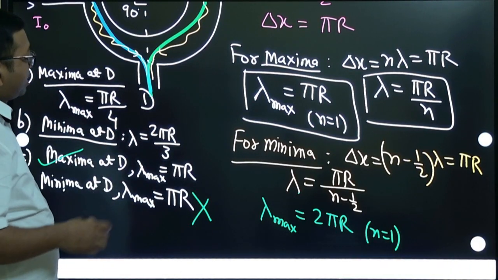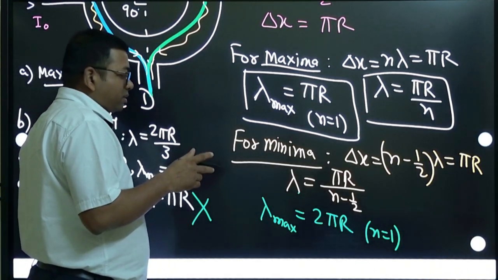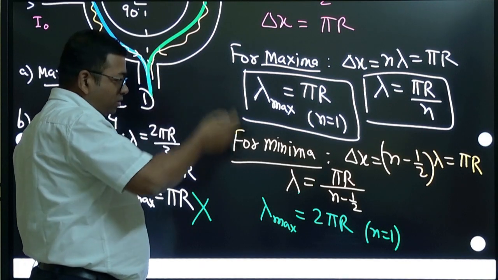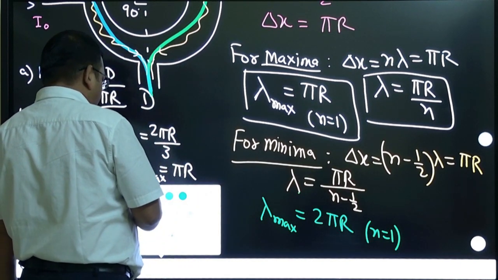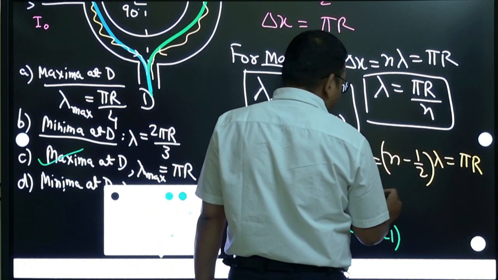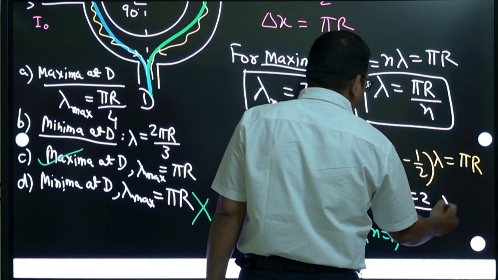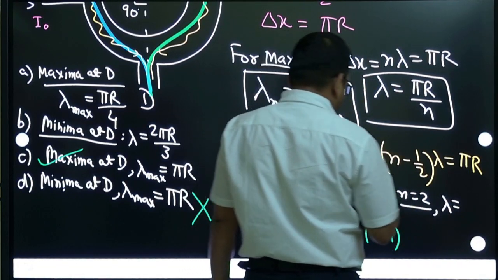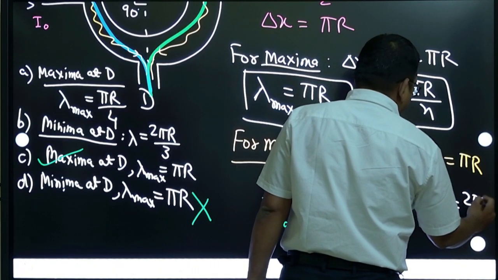Now what about any possible values? Suppose I took n as 2. If I take n as 2 in this formula, then lambda can come as 2 pi r by 3.